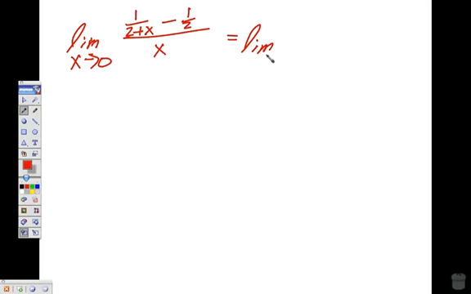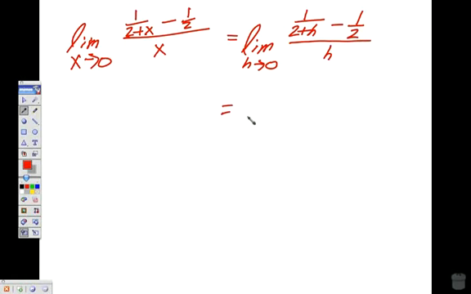Now, if you haven't already figured out what the trick is here, let's recognize that x is just a letter, and it could be any letter we wanted. So if I wanted to write it as an h instead of an x, I haven't changed the problem. I've just changed what letter I'm using. But now, it looks pretty familiar to us. It's a function that has 2 plus h minus a function that has just a 2, all over h.